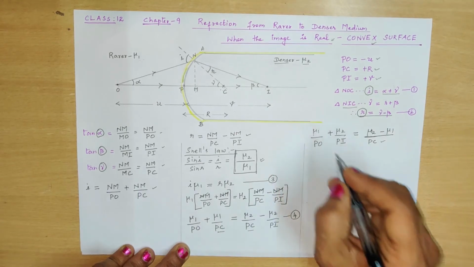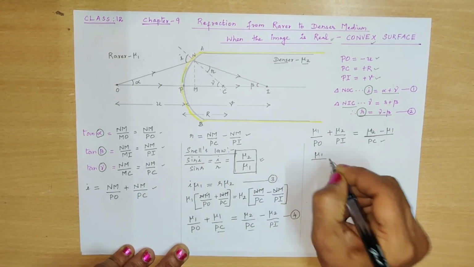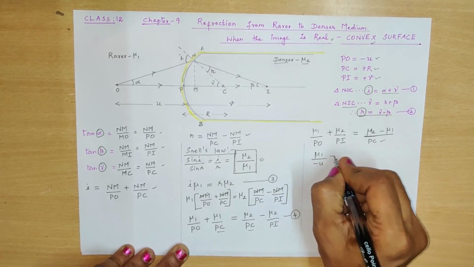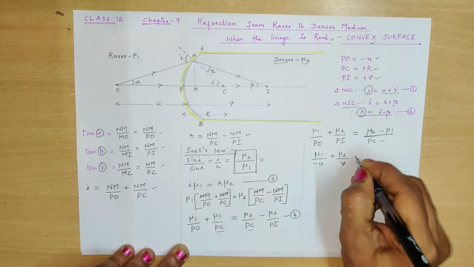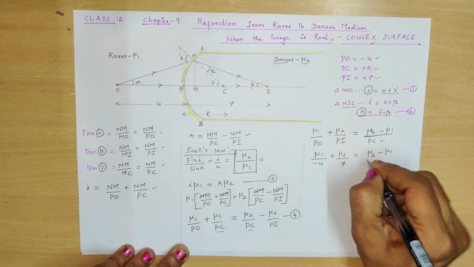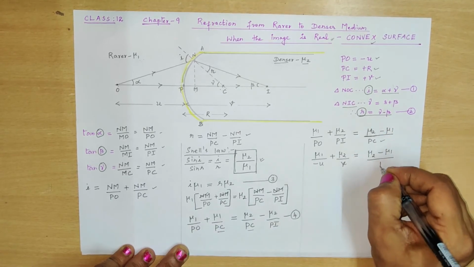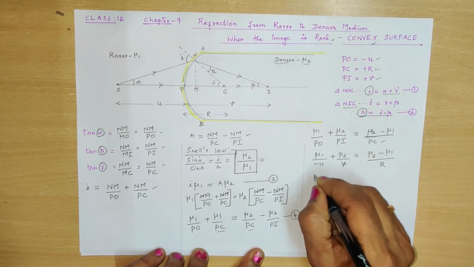Now here we have to substitute this mu1 upon Po is minus u and plus mu2 upon Pi is plus v, that is equal to, we are writing here mu2 minus mu1 upon, what is Pc? It is R plus R, which is what given here. Therefore, how to rearrange this for the final answer?